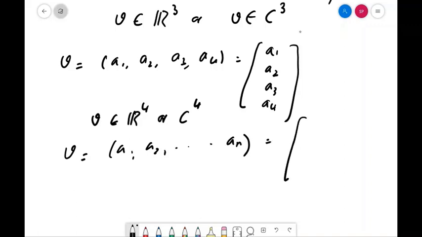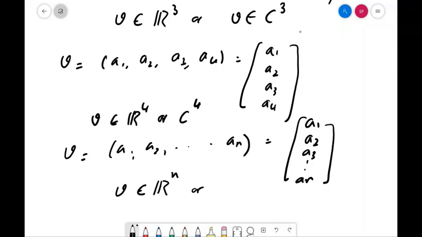So I'll get an n-dimensional vector where all these scalars belong to either, as usual, the field of real numbers or complex numbers. Then this v belongs to Rn or Cn.